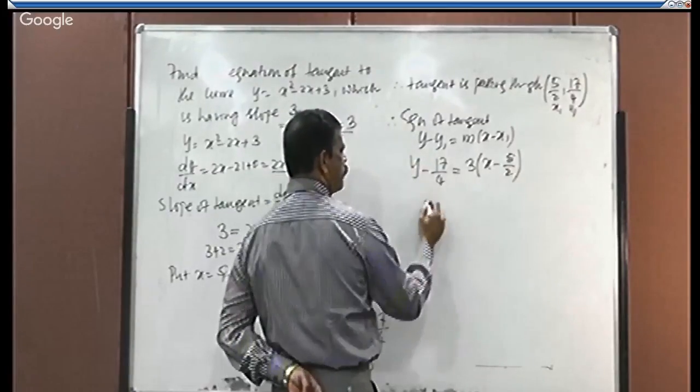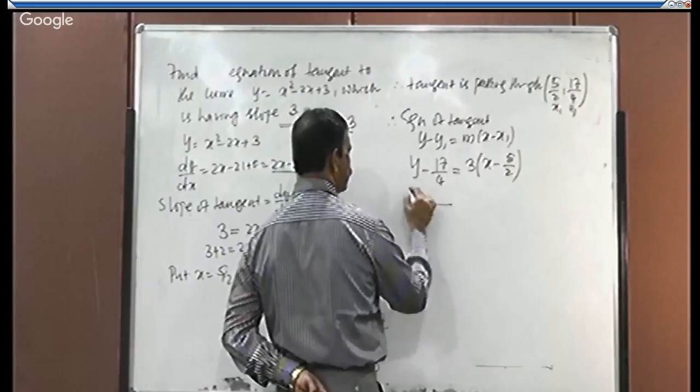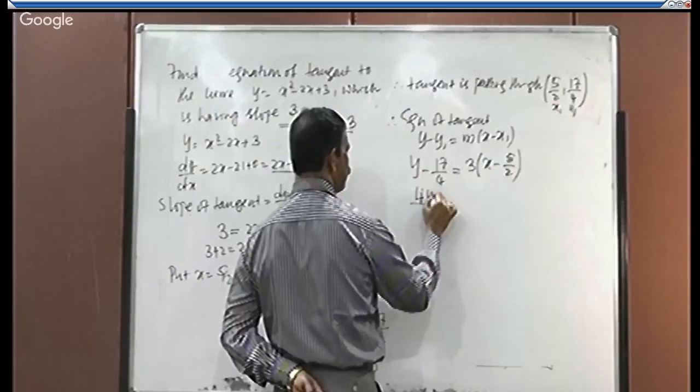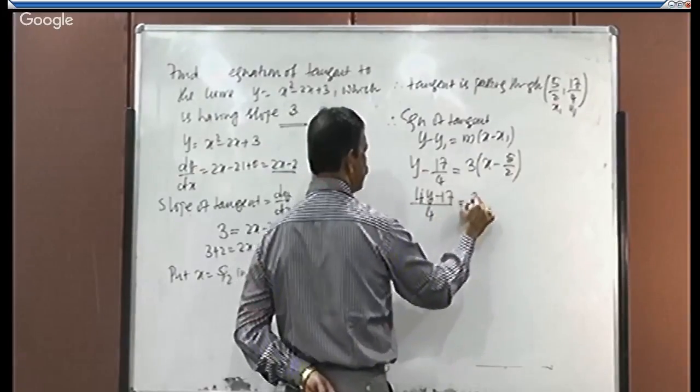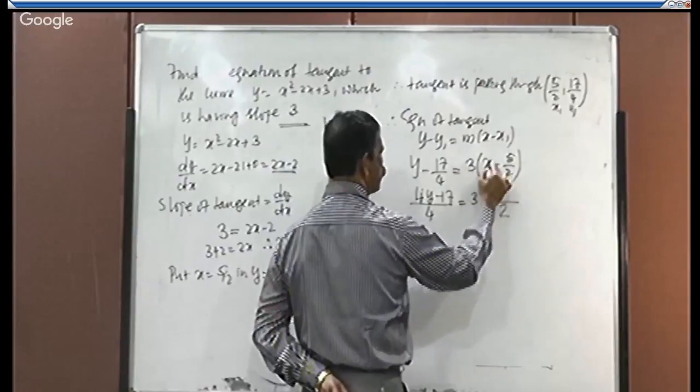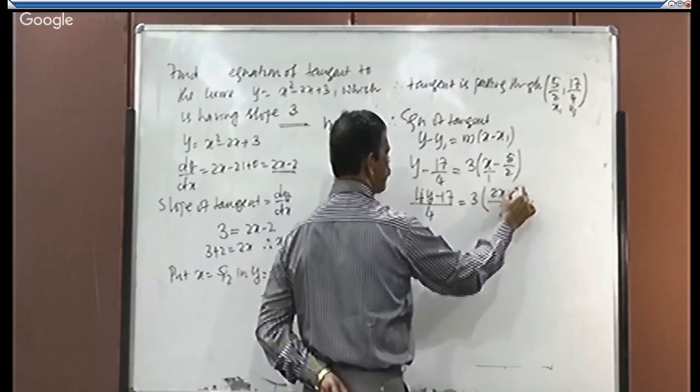You take LCM. What is LCM? 4. That is 4y minus 17 is equal to 3 into, here also you take LCM. What is LCM? 2. 2x minus 5.